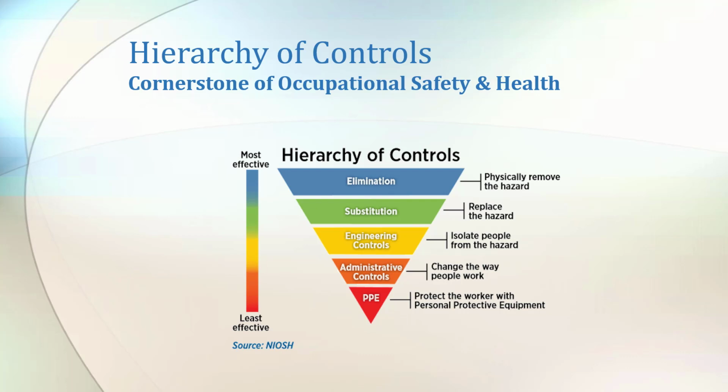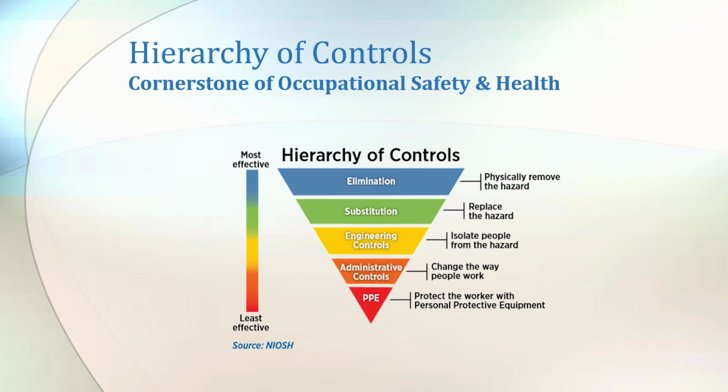And lo and behold, here's a non-toxic chemical made by Johnson and Johnson that came on the market that does the same thing. By now purchasing the Johnson and Johnson product, I've eliminated this dangerous product. There's no more hazard of that chemical.